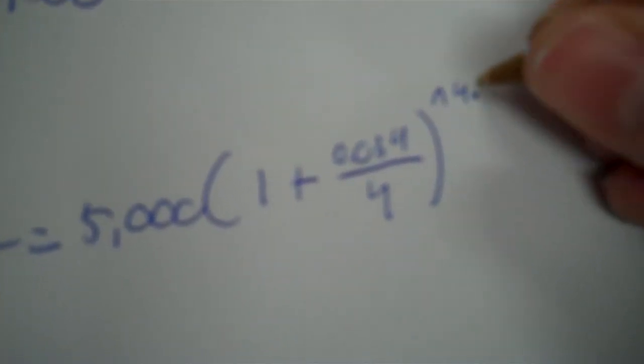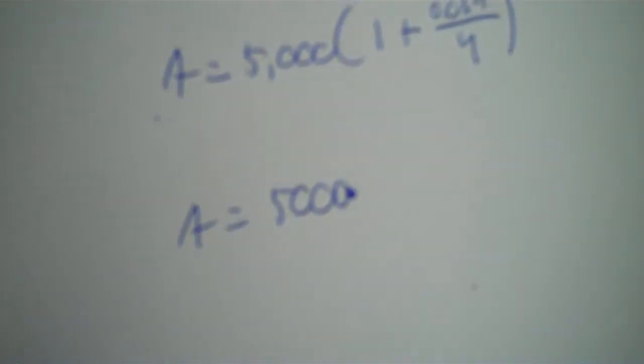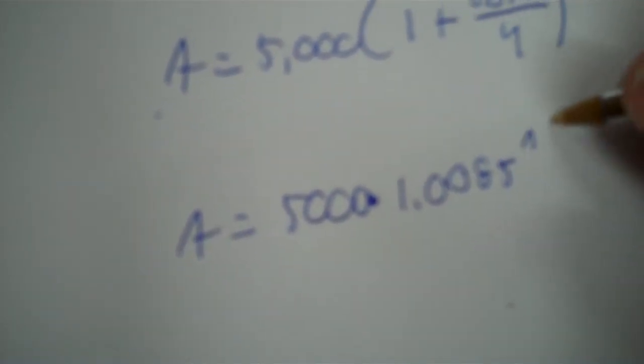Now, a couple things. We put the 5,000 down and its times. Now you figure out your parentheses. First, 4 times 7 we know is 28. Now figure out just in the parentheses, 1 plus 0.034 divided by 4, 1.0085, to the 28th power.